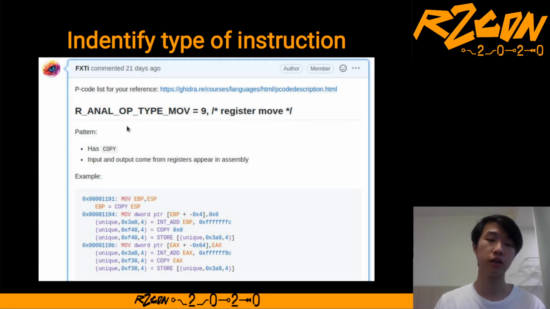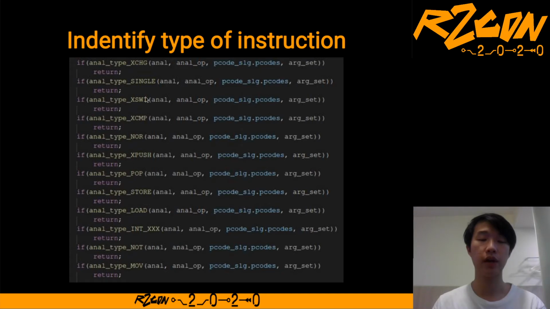They have common traits, so I wrote out the patterns and implemented these APIs to identify the type based on the pattern. And there are 12 kinds in total. This is the final result.